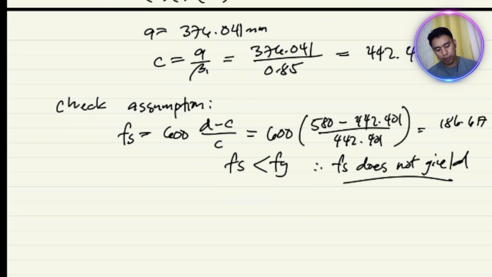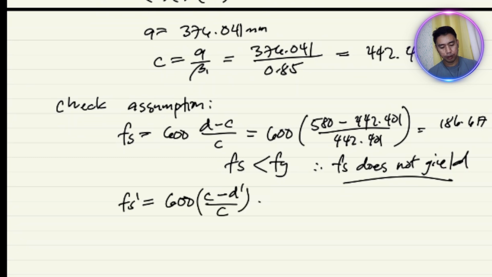But we'll continue with Fs prime. Okay, para at least dalawang assumption, meron tayong idea kung ano yung next assumption natin. Okay, so c minus d prime over c.